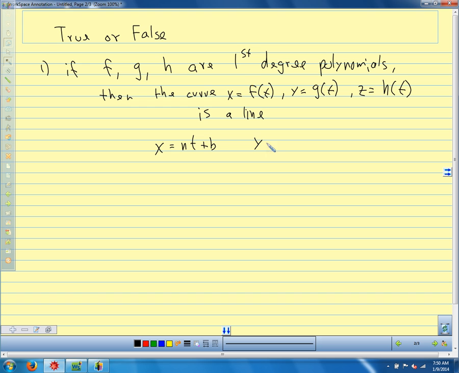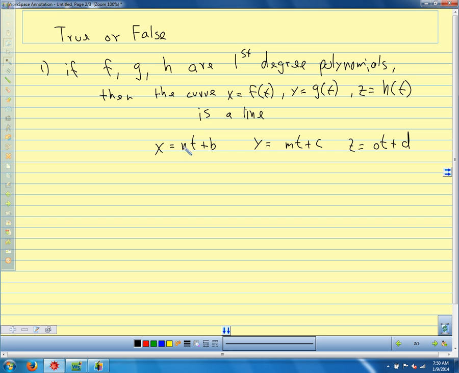How would we write y? We'd end up with a lot of letters, right? So we could say y equals mt plus c. And we could do the same thing for z equals ot plus d.